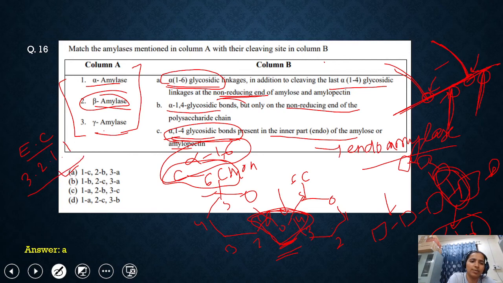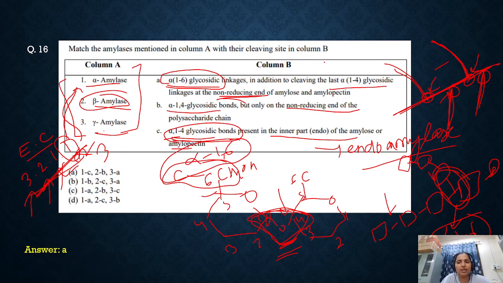This type of naming is present for alpha amylase. I'm not sure this is exactly right, but this kind of representation is there. They represent the family, then the subfamily, then which enzyme and which type. This one here represents alpha. Similarly, if you go for beta, that is 2, then 3. So you must know what the major differences and similarities in the enzymes are.